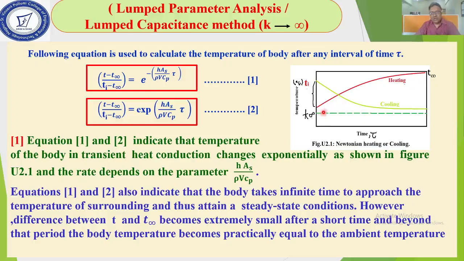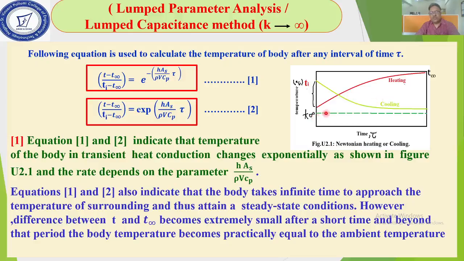For example, in case of heating, T infinity will be the surrounding temperature, which will be higher than the temperature of the body. So temperature of the body is changing exponentially, and after a short period of time the difference between T and T infinity becomes very small, and thereafter the temperature of the body will be almost equal to the temperature of the surrounding. In the similar way you can explain for cooling as well.